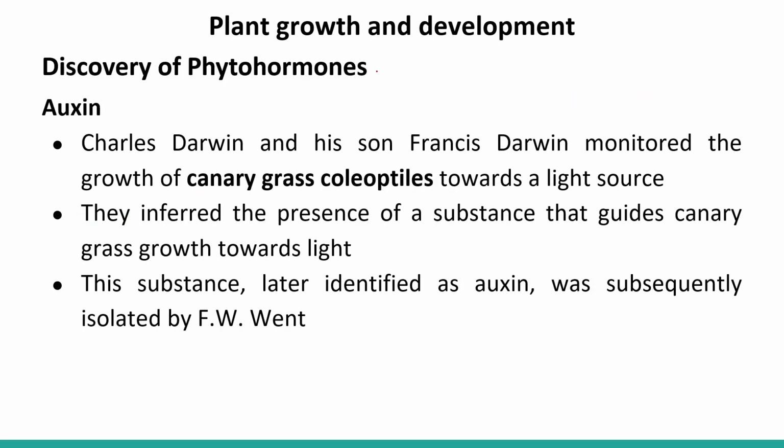Now let's study the discovery of the phytohormones first, before studying the function of the hormones. So let's talk about auxin first, how auxin was discovered. Charles Darwin and his son Francis Darwin were monitoring canary grass coleoptile.